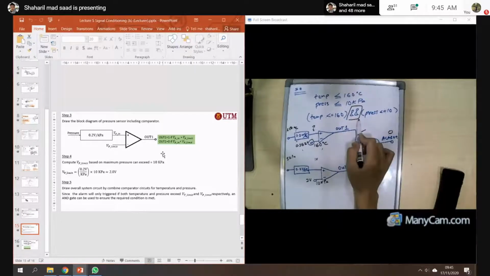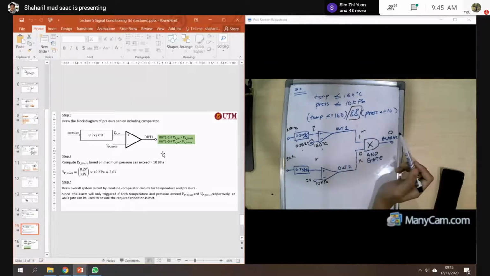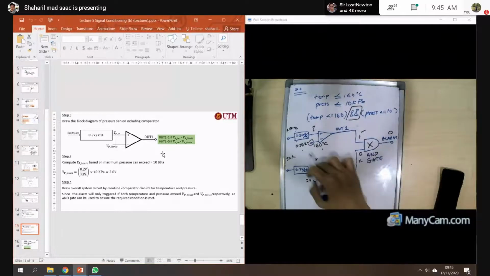This is what we want to fulfill for that question. We want to answer the question. So when we design the alarm circuit, the alarm system, we will have what we call the truth table.